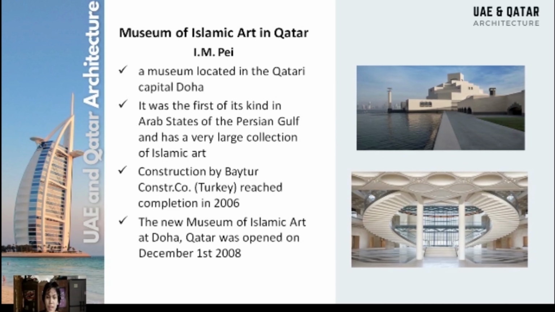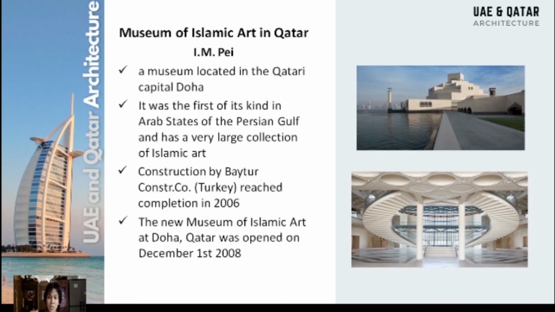The next building that I want to share with you is the Museum of Islamic Art in Qatar. As I said earlier, it's not just about Western architectural influence, but they also have architecture related to their religion, Islam.